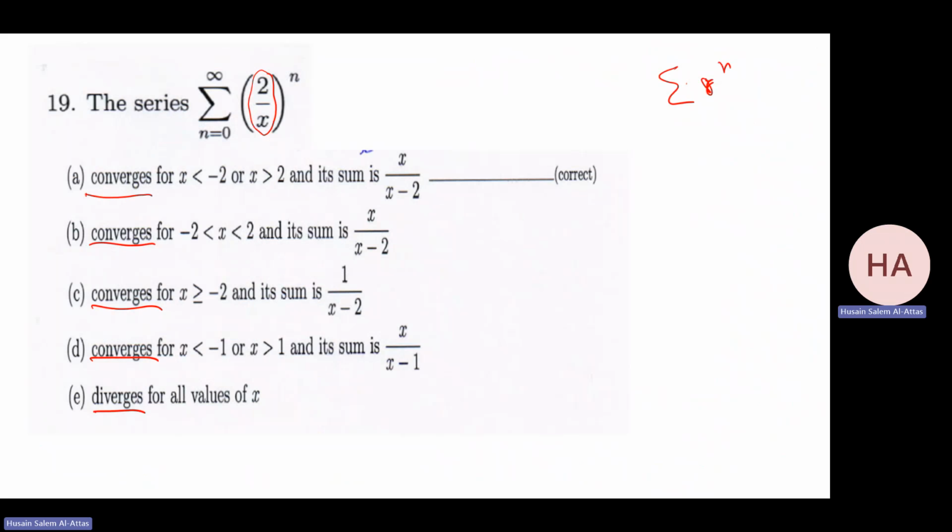Let me try to deal with this. He's asking me when this will converge. At n equals 0, I have a equal 1, and r is the ratio, which is 2 over x.